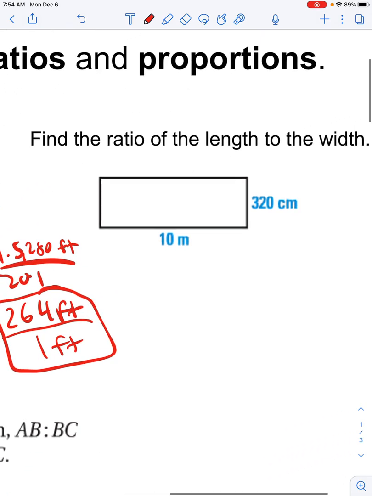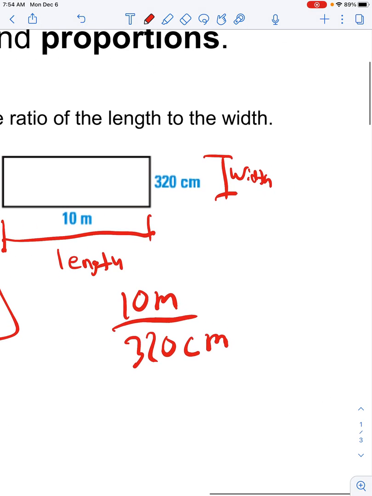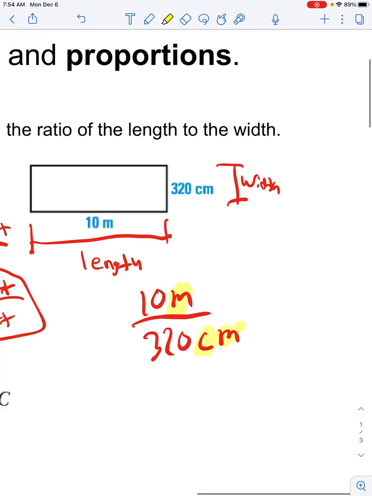Find the ratio of the length to the width. This is my length. This is my width. So the ratio of the length to the width would be 10 meters over 320 centimeters. So again, notice the difference here. Again, there's 100 centimeters in 1 meter.